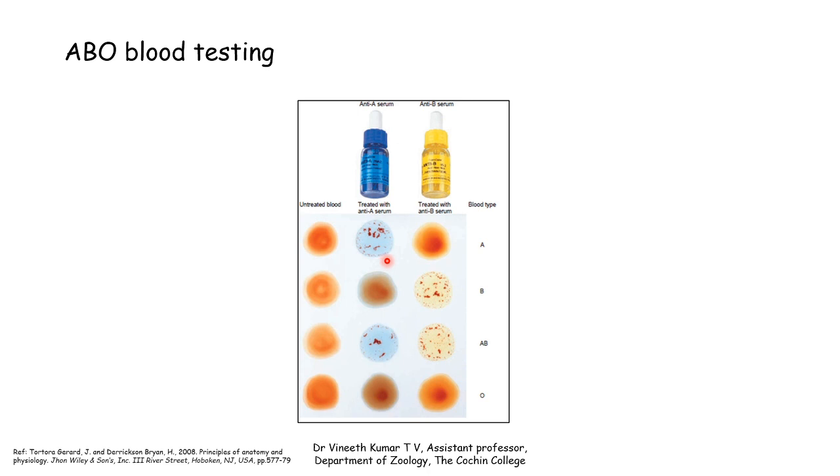Now these are being identified as A, B, AB, and O. We know that in blood group A, you have the antigen A and antibody B. If you add anti-A antibody into such a blood, you can see clumping in this region.